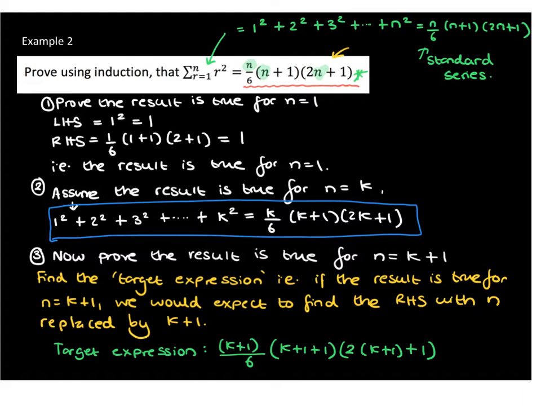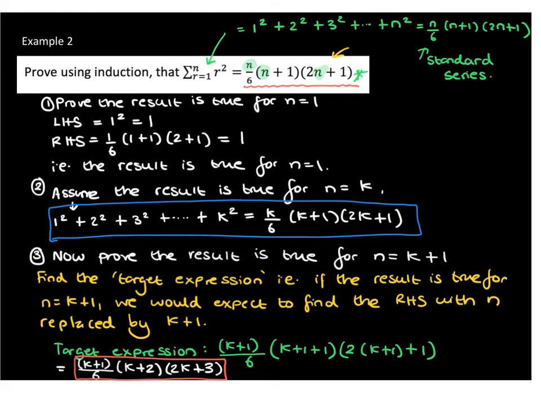Well, that would then tell me my target expression should be k plus 1 over 6, k plus 2, and then in the third bracket 2k plus 3. So if I get to this result here, I know my proof by induction has worked.